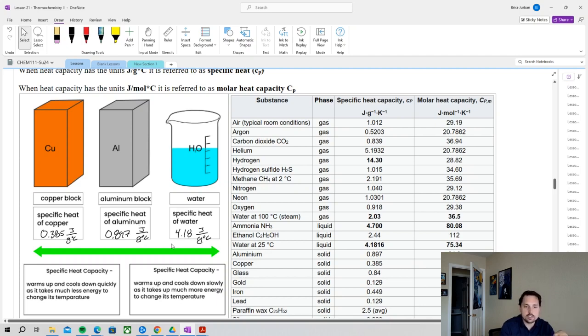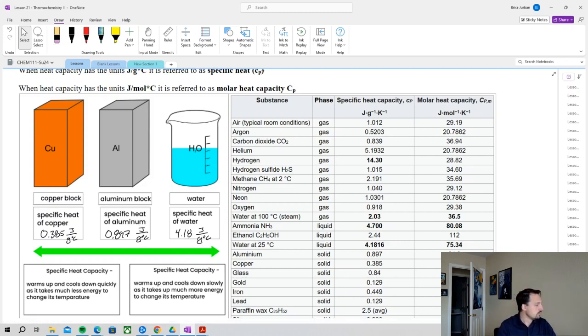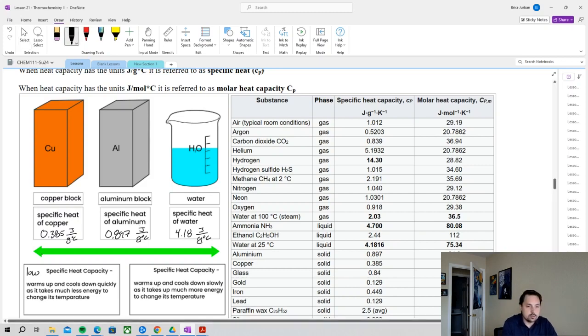So water here actually has a large storage of heat when it's hot, because it takes a long time for it to cool down. And I'll talk about, at the very end, where this energy is stored in the molecules. I think that part's the most interesting to me.